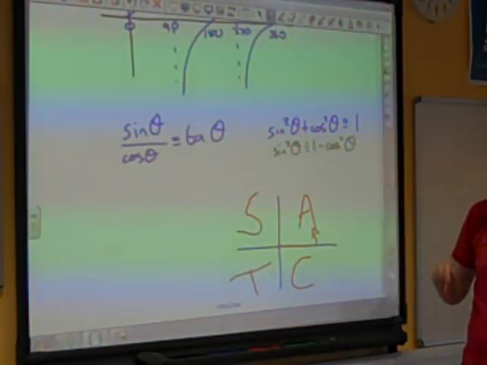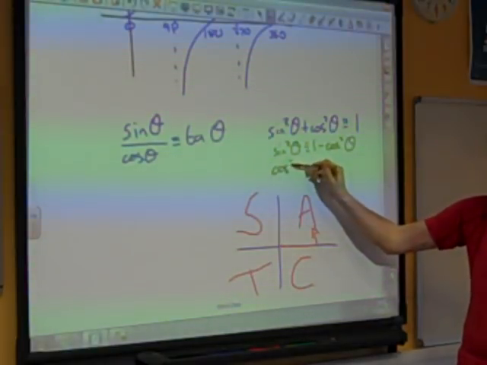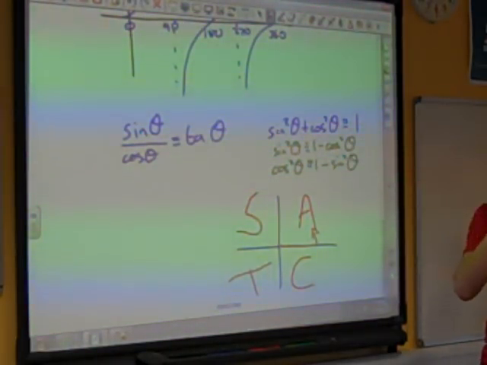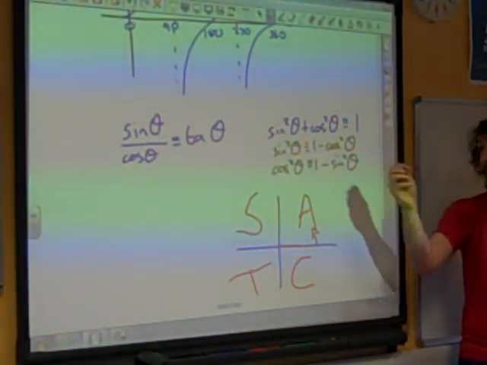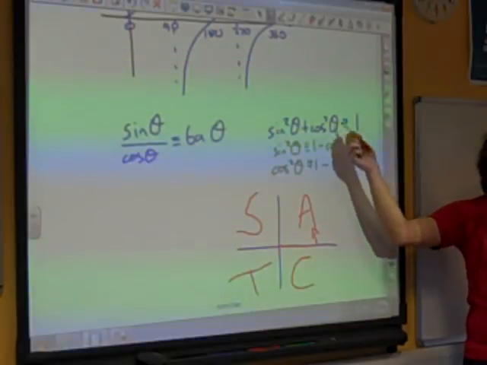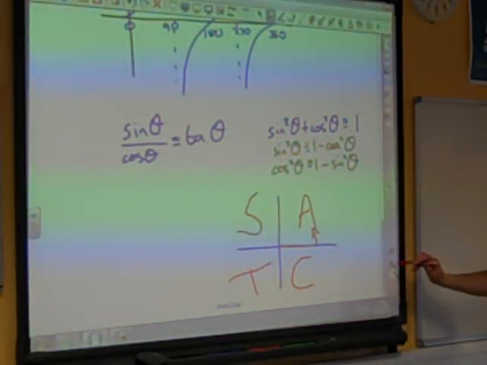That's also true, isn't it? If you take cos squared away from both sides. And cos squared theta is 1 minus sine squared theta. And it's easy to derive those from that start point, but it's worth remembering that we've got those ways that we can write sine squared and cos squared in other forms.